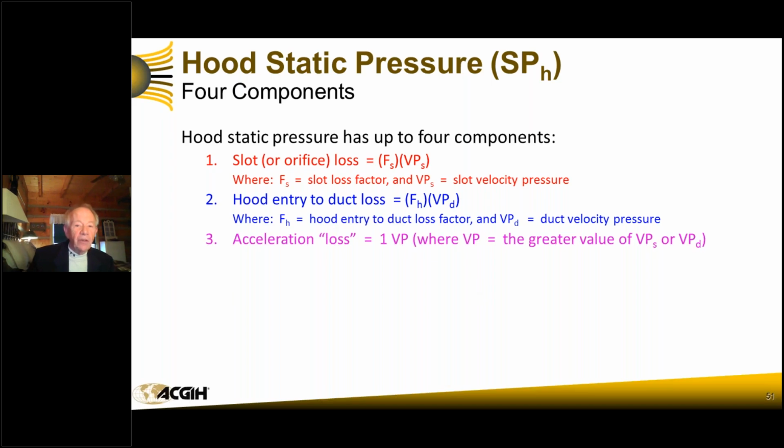Now, acceleration loss. I wish we didn't have to say this, but it is typically one of, if not the largest amount of resistance, or energy requirement, that we find for air that enters a duct system.